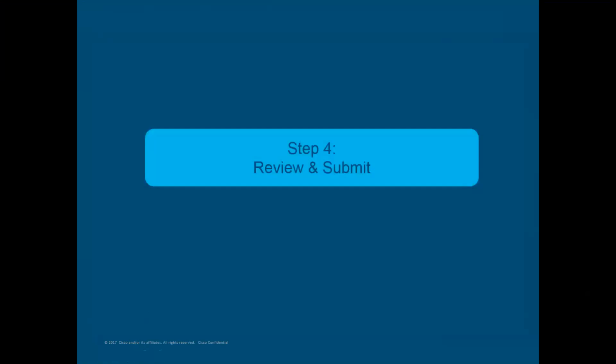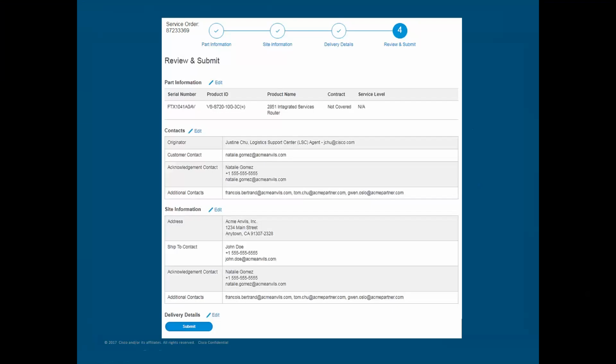You will now be taken to the last step, which is step 4, Review and Submit. On the screen, you can review all of your RMA details, or by clicking on the Edit button next to each section, go back in and modify. The only step that you will not be able to get into is part information, because that step was entered by Cisco and entitlement has already been verified.